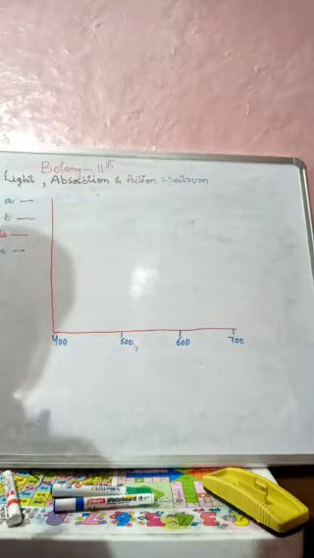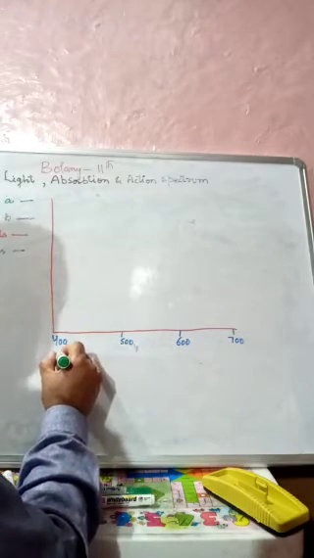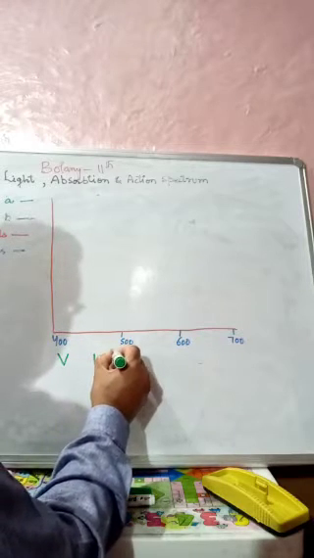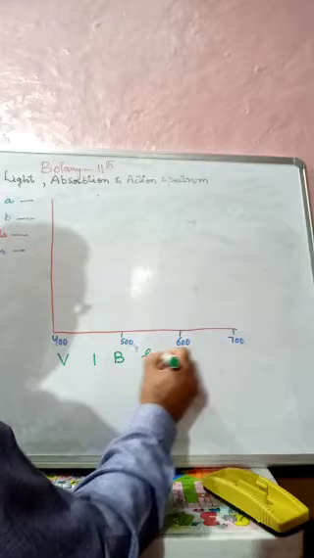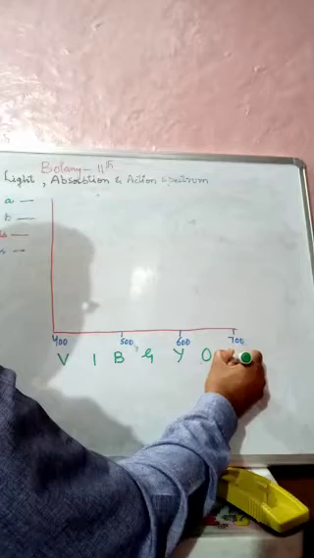Now we know that light is a mixture of different colors. For example, we have violet, indigo, blue, green, yellow, orange, and red.